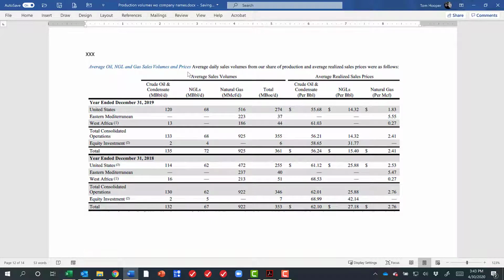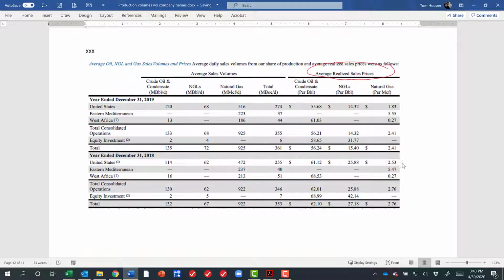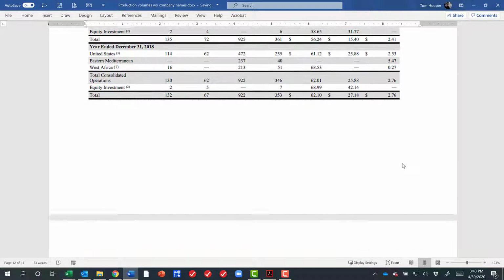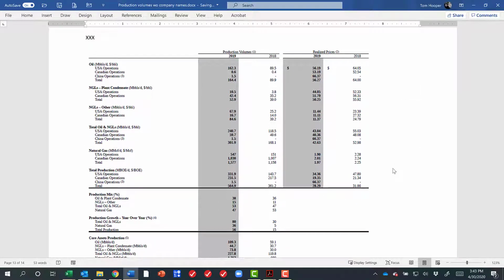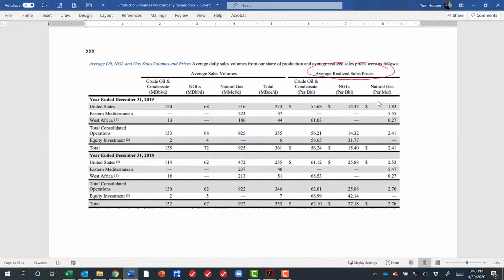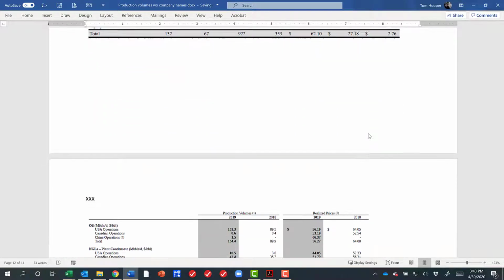And then on the next one, I get a total consolidated by oil, gas, and NGL total. Don't get tempted to use any of these average realized sales prices. It will just make matters difficult. We're doing a great deal of simplification in our model, and it won't help you to try to shortcut it and grab those realized prices from here.